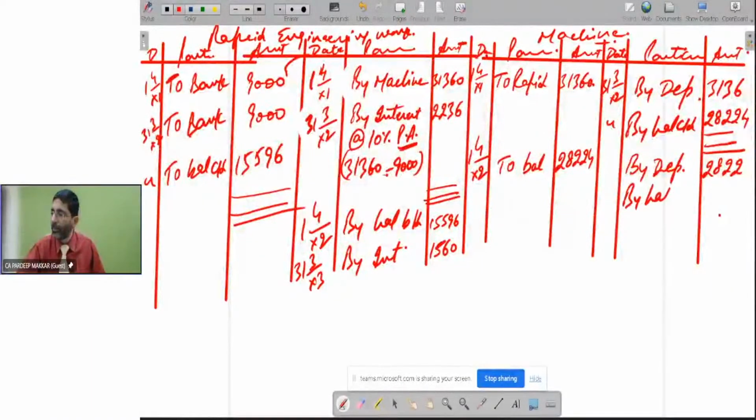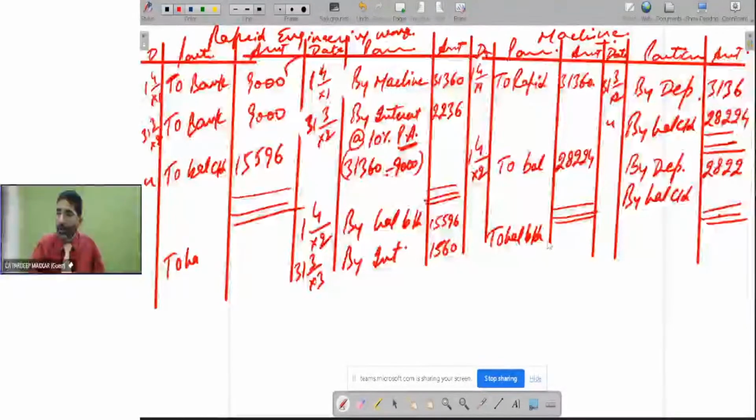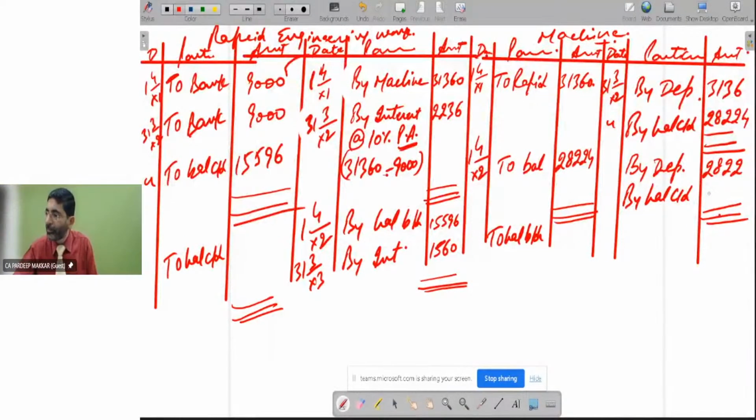Now you have to calculate the balance carried on. How much is the balance? That will be carried forward. And here also you have to carry down the balance because here you have not made the payment. Get the balance fast. Machinery balance is 25088.